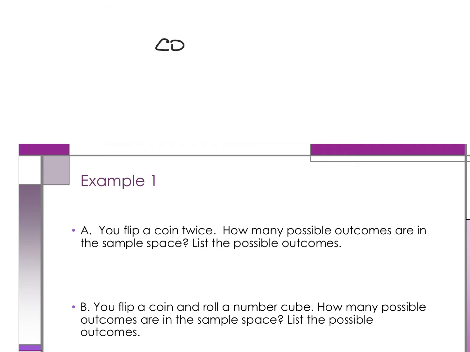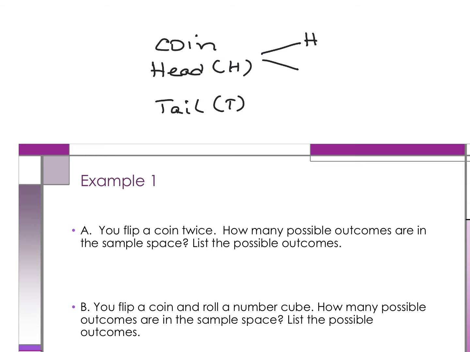So when you flip a coin, you know your options. You're either going to get a head, and we'll call that H, or you could get a tail. Then the other thing that they want us to do in this problem is flip the coin a second time. When I flip it a second time, I could still get the same outcomes, a head and a tail. So this would be the first flip, this would be the second flip.